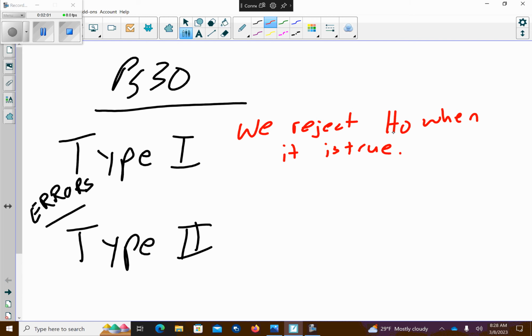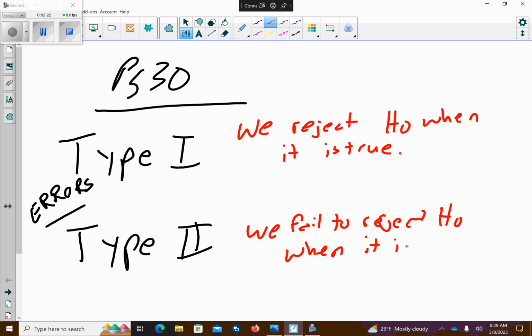Reject the null when it happens to be true. Okay, that's a type 1 error. Type 2 error, we fail to reject the null when it is false.